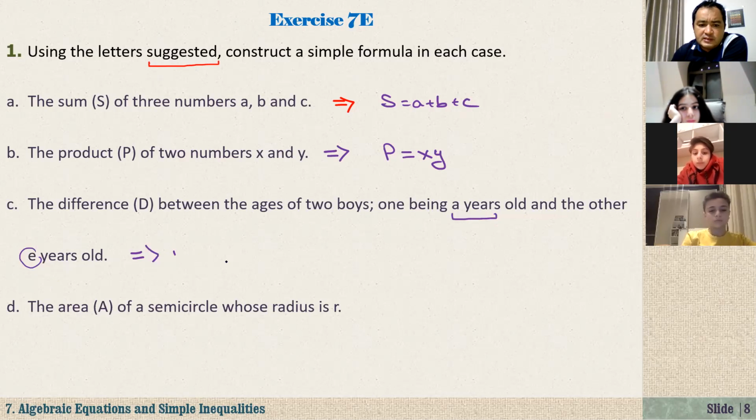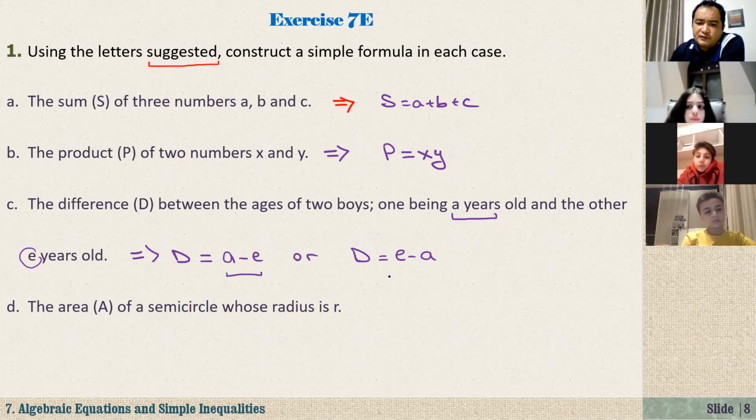It will be A minus E, right? Or the difference will be E minus A. Because right now, who is older, we don't know. So we have to consider both cases, okay? Because if A is older than E, at that time we will use this expression for the difference. If E is older than A, at that time we use this expression for the difference of their ages.